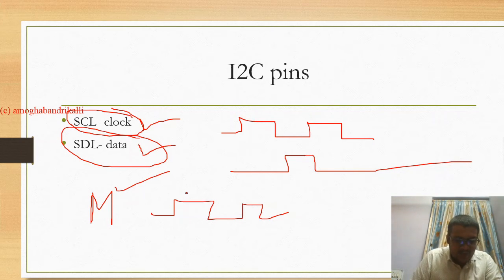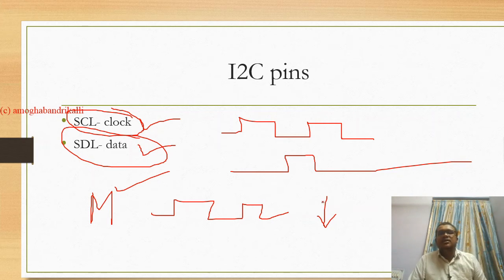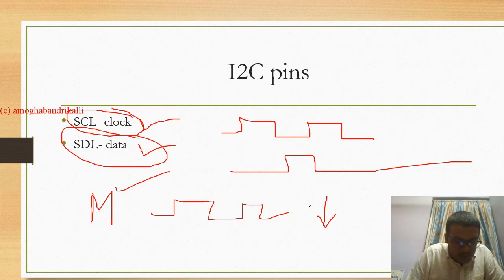Some slave devices may hold the clock low for a time. Whenever a slave is busy, it makes the clock signal low. It is an indication that the slave is carrying out its task, so it is doing some work.